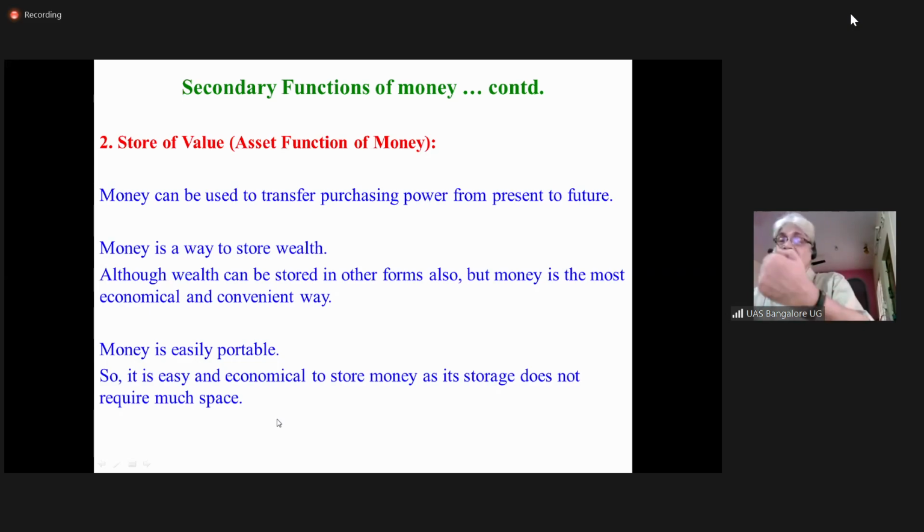Storing your wealth in the form of cows, storing the wealth in the form of grains, storing the wealth in the form of fruits or vegetables, it takes a lot of space. But storing wealth in terms of money, it requires less space.